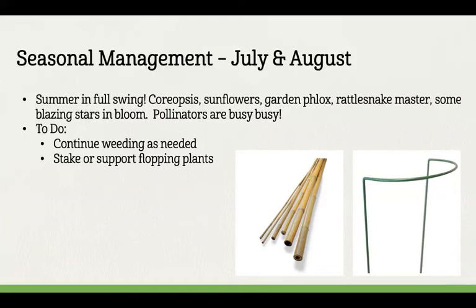You can use sticks. You can use commercial garden stakes. You can use tomato cages. This kind of one-sided support, called a half round plant support, can be great for something that's just kind of leaning out on one side and you just want to rein it in a little bit or get it off of a walkway, things like that. You can always clip off stems that are too floppy.